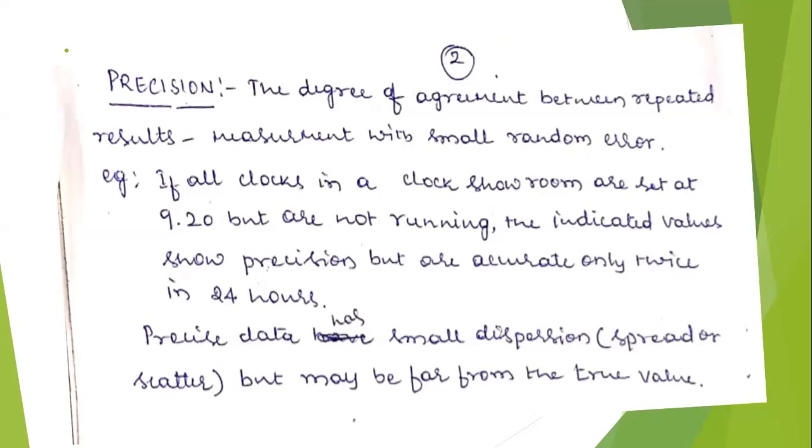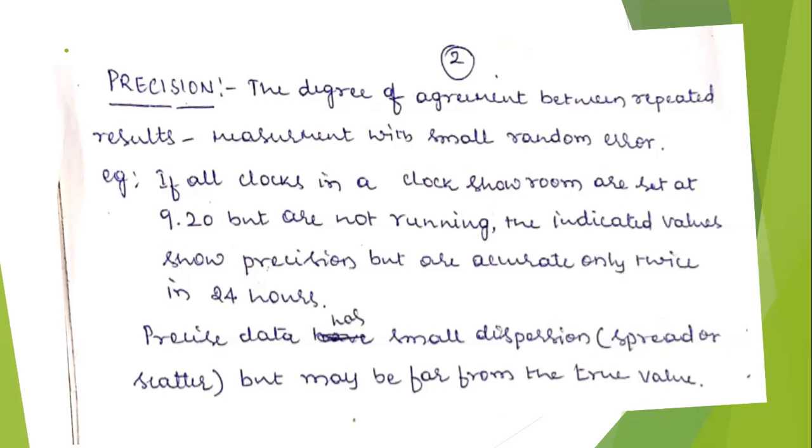If you have a small random error, say 0.001 millimeter, sometimes that is negligible, but the definition of precision says it is the agreement between repeated measurement results with a small random error.